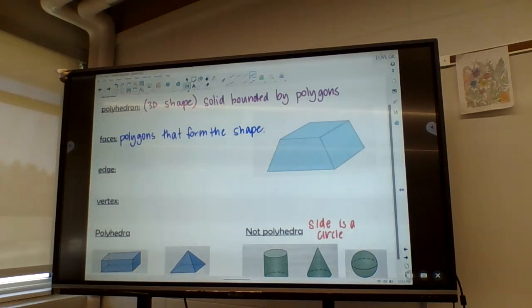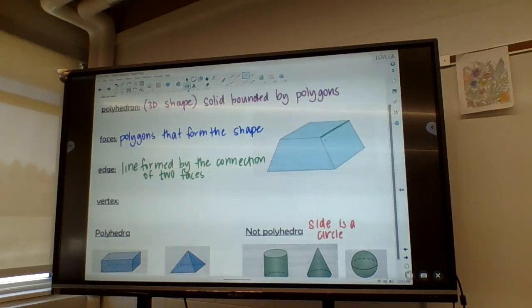Now, the edge is where two sides or two faces come together. So it's the line. This would be an edge.